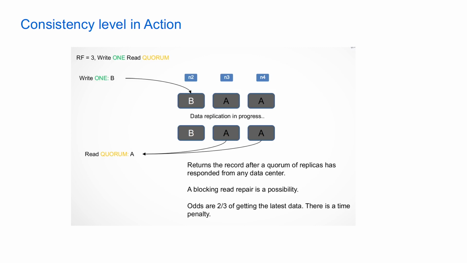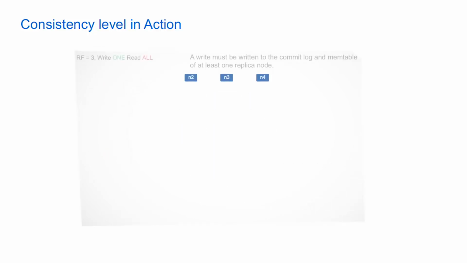So you noticed the moment I did read quorum, what happened is I slowed down my read. I paid the currency of time to increase my odds of getting the latest data to 2/3 from 1/3 in the previous combination. If I were to continue this and say replication factor is 3, write is 1, read is all.